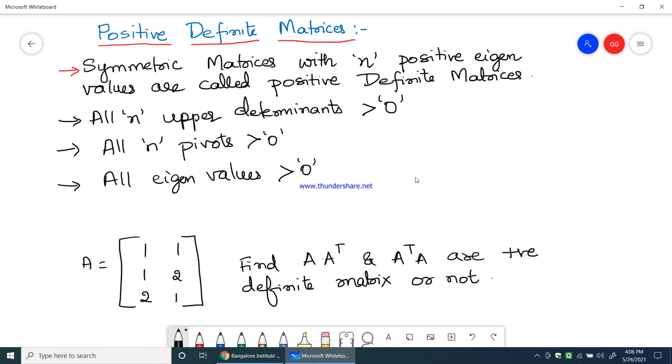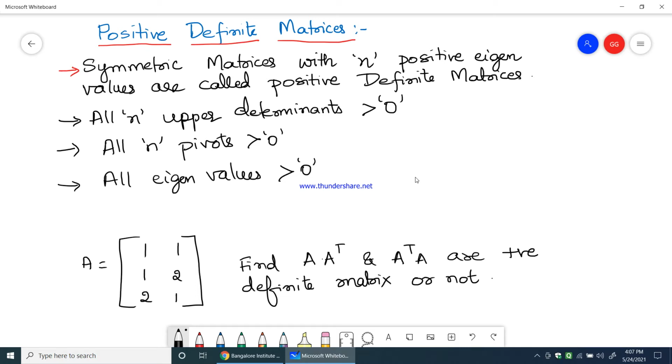Then all n pivots that we find in the given matrix should also be greater than 0, and all eigenvalues that we find in a given matrix should also be greater than 0. These are the conditions that we have to verify to decide whether the given matrix is positive definite or not.